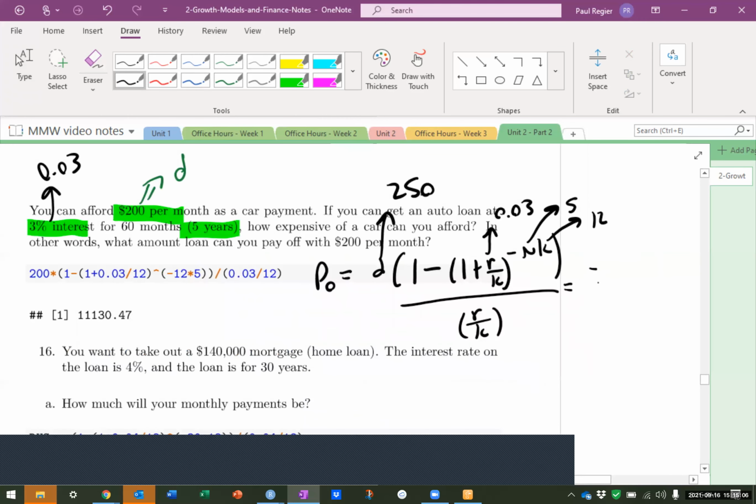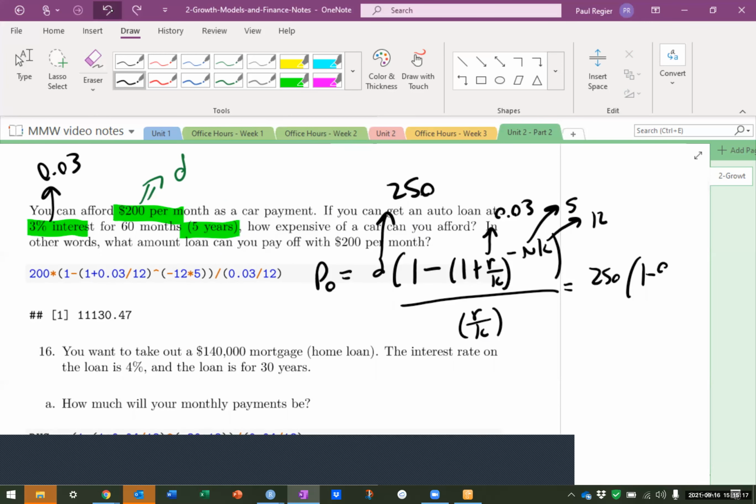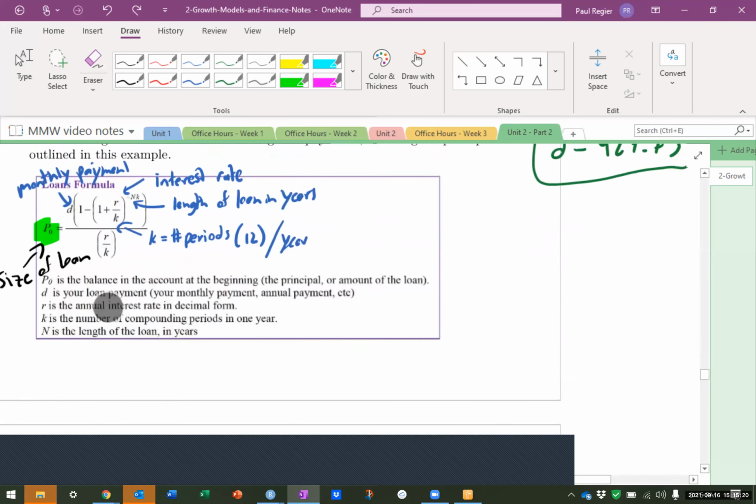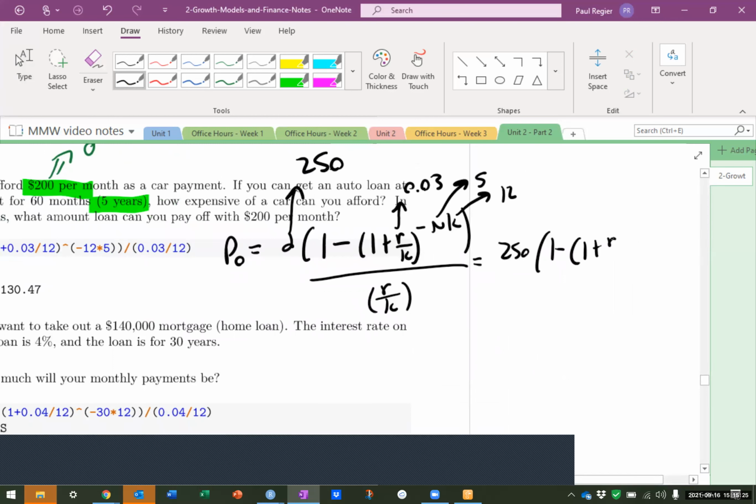So 250, 1 minus (1 plus 0.03 over 12). This formula is pretty tricky. Practice putting that in your calculator with lots of parentheses.